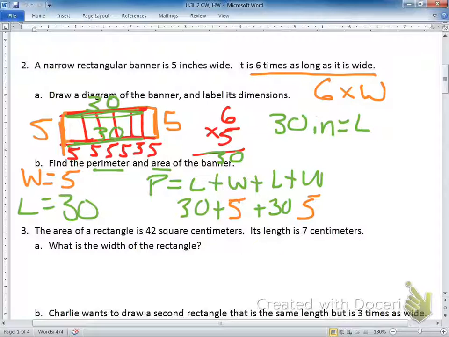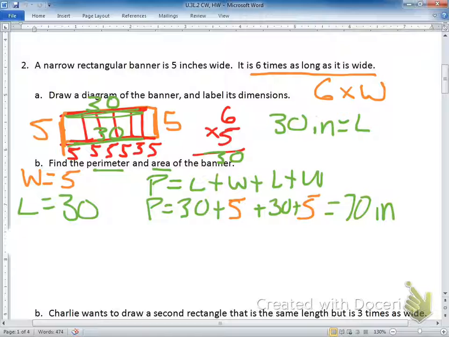Okay, we can add all these up. Perimeter equals 35. 30 plus 5 is 35, plus 30 is 65, plus 5 is 70. 70 inches.